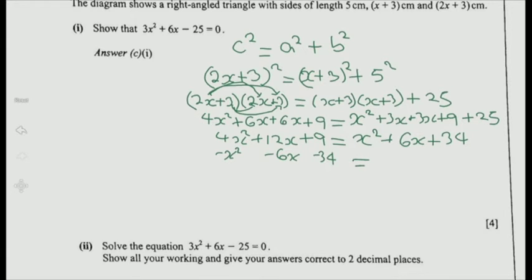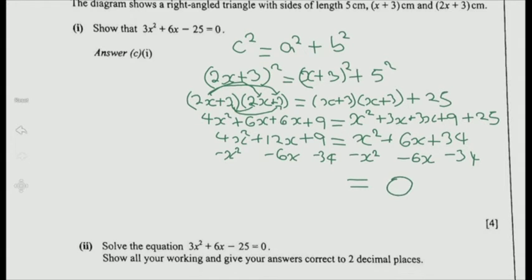So this side, you'll get 0, because you subtract the x squared. So x squared minus x squared will be 0. Subtract the 6x. So this side, you subtract x squared, subtract 6x, and subtract the 34. So this will be 0.